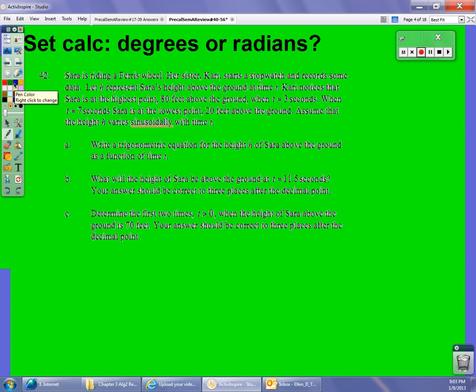It says Sarah is riding a Ferris wheel. Her sister Carrie starts a stopwatch and records some data. Let H represent Sarah's height above the ground at time t. Carrie notices that Sarah is at the highest point, 80 feet above the ground, at t equals 3 seconds.